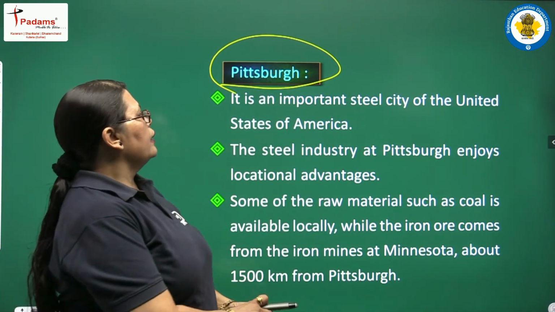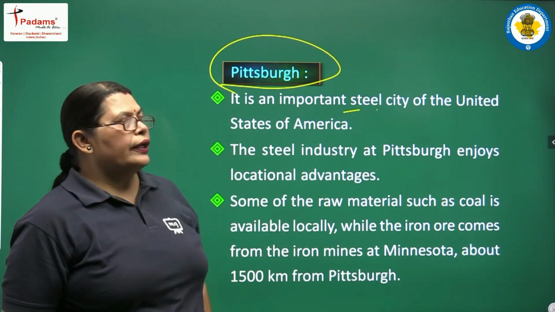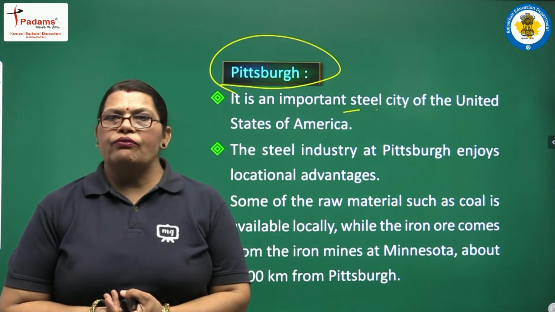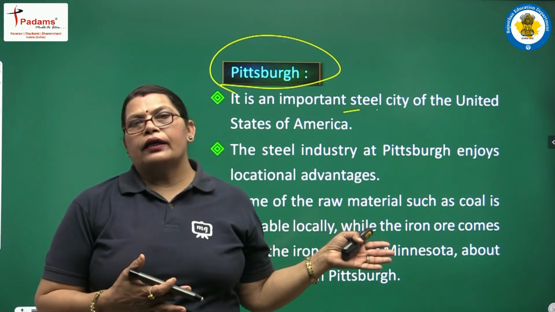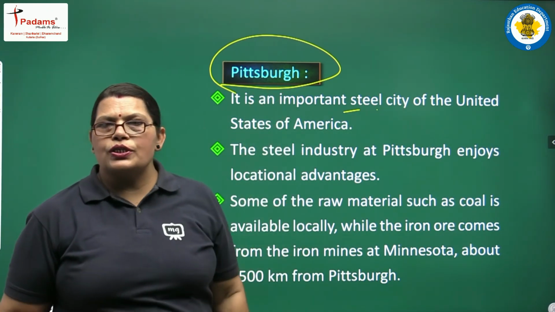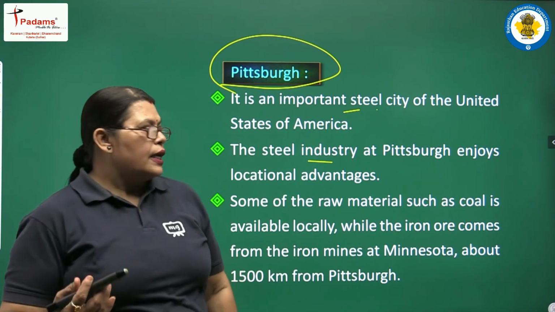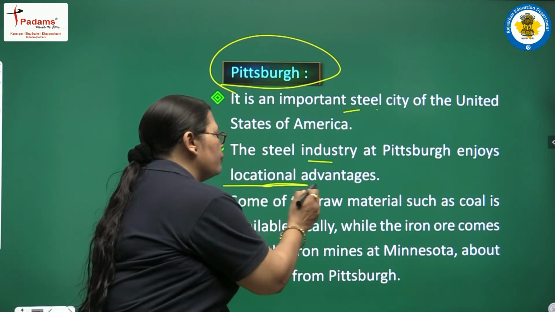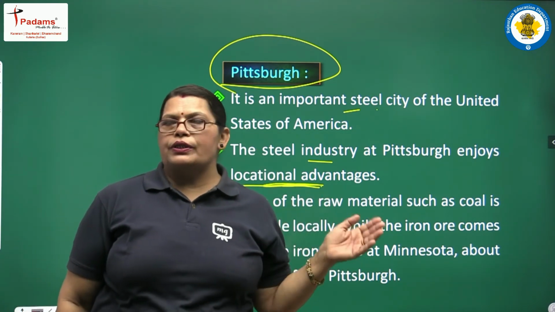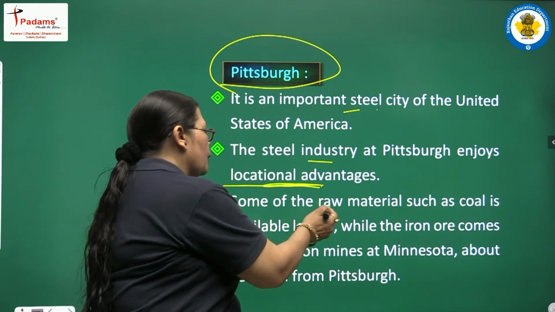Pittsburgh is another important steel city of the United States of America. We already took Jamshedpur in India, then Pittsburgh in the United States. The steel industries at Pittsburgh enjoy locational advantages, the same as Jamshedpur, which are very beneficial for the production level.